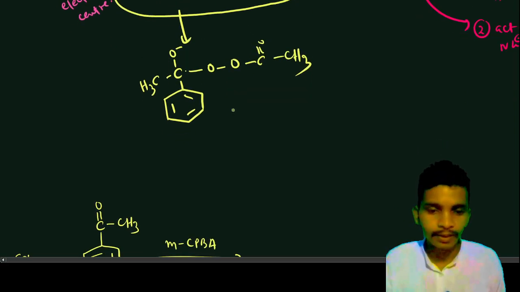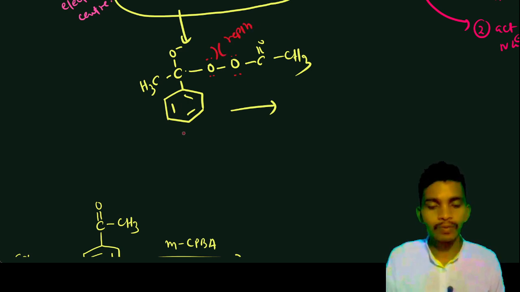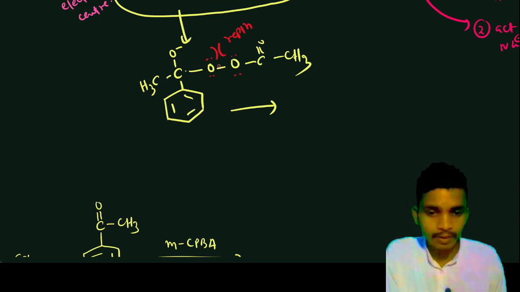Now what we see here is that repulsions will happen, because here also a lone pair is there. So due to these repulsions, the migratory group will come here, because this bond is going to break due to the repulsions.